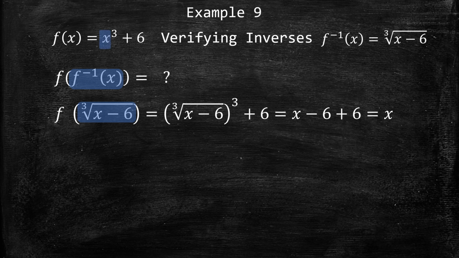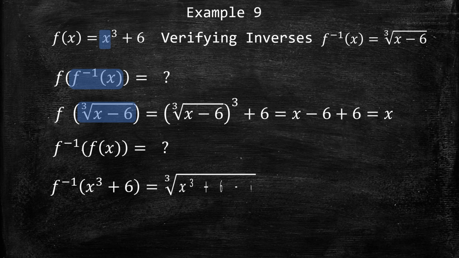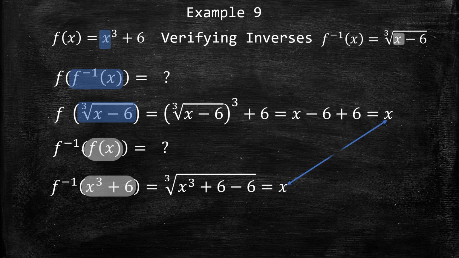Then we went to the function and replaced that for x. After simplification, we got x. Now we're going to take the other way. So we started from inside and we went to the inverse and replaced that for x. Notice we got x both ways. It means the function and the inverse are inverses.